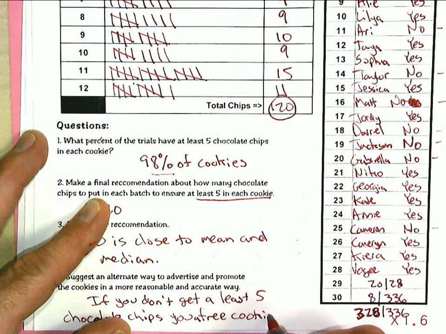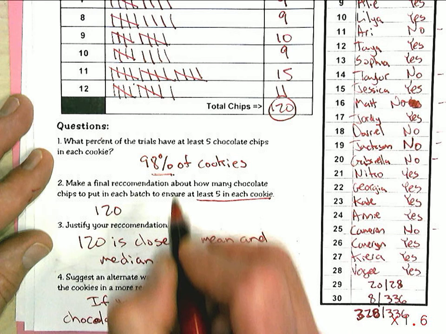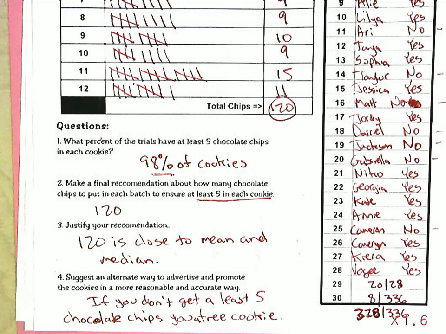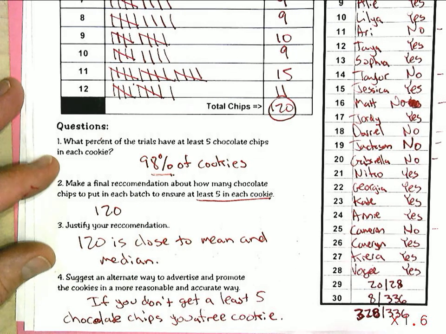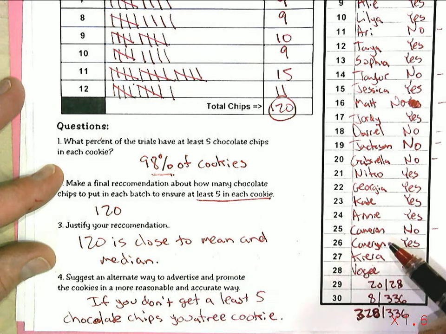So that's one way we could advertise around that and know that about 2% of the time we would have to give out a free cookie, which is not a real high number of situations. Only 2% of our cookies using 120.